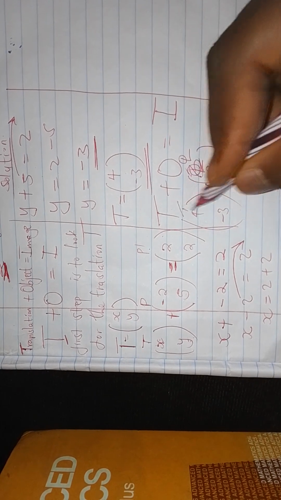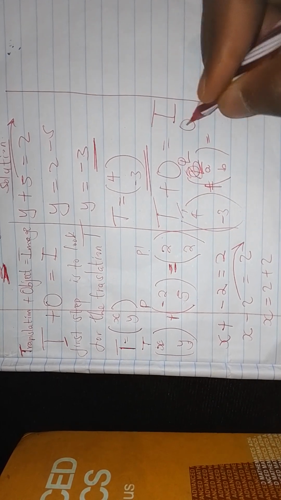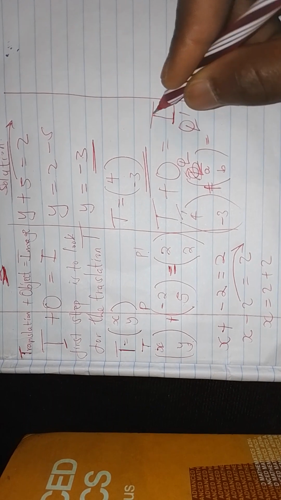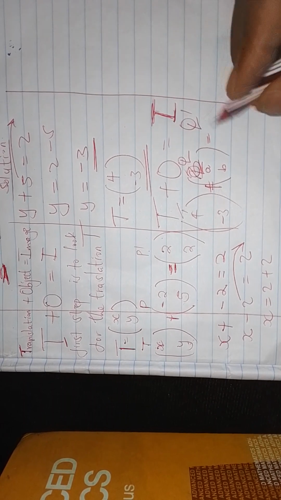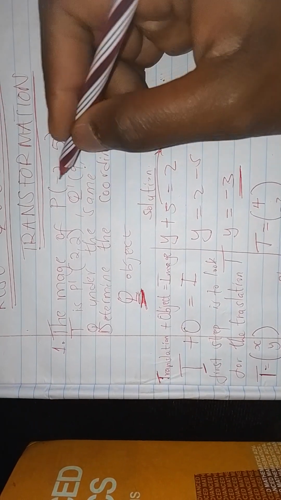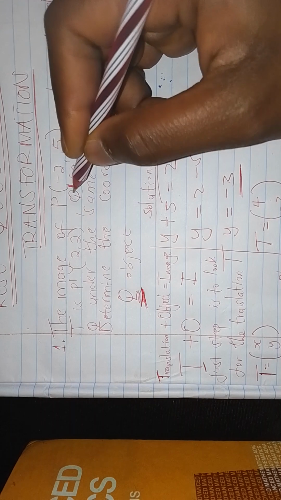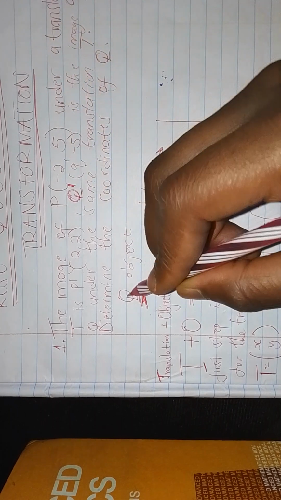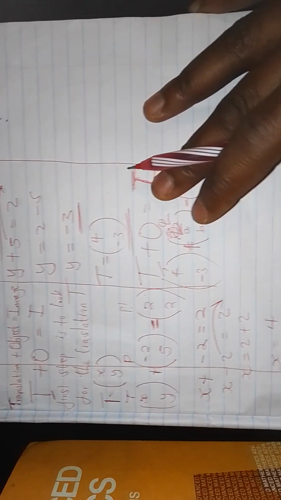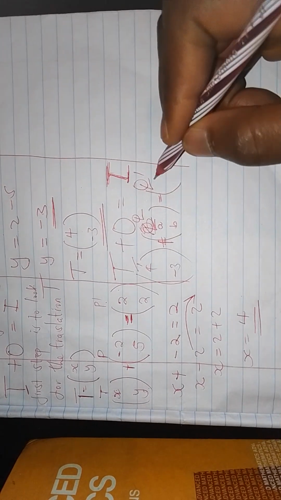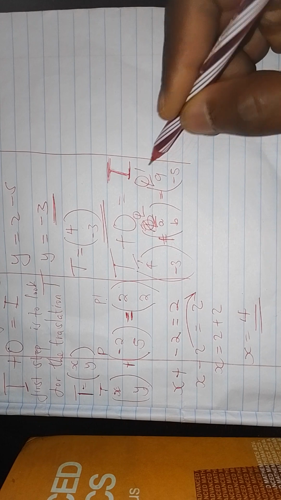This is equal to the Q image, which is (9, -5). This sign is an image, showing this is a Q image. You see the object doesn't have the sign, so this is the object.